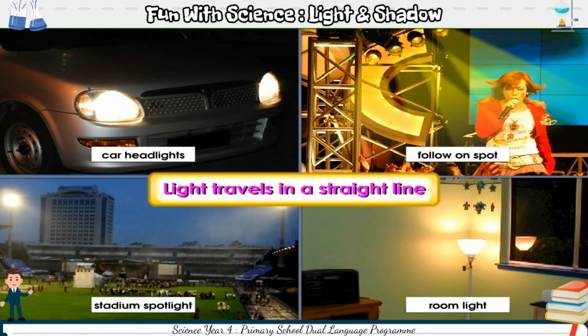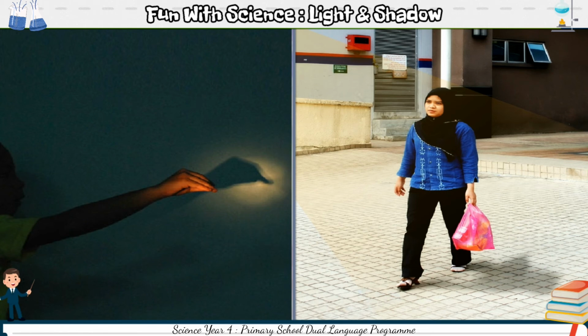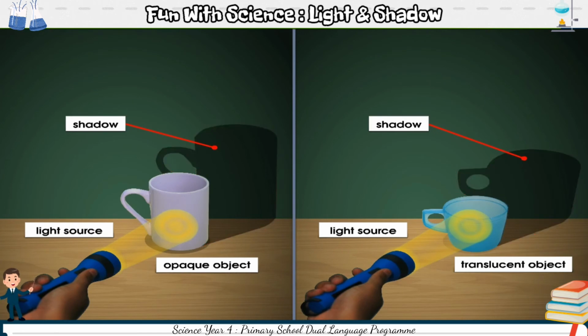There are also other ways to show that light travels in a straight line. When there is light, we can see the shadows of objects. A shadow is formed when the light traveling from a source is blocked by an opaque or translucent object.